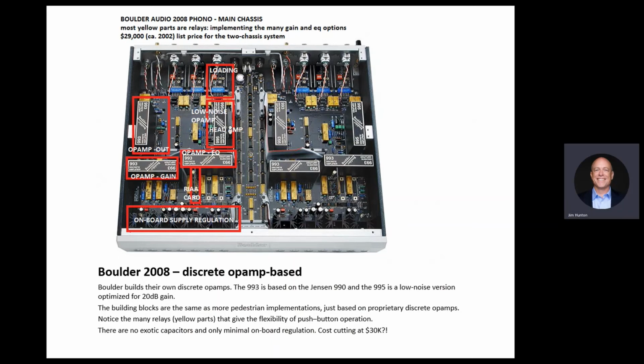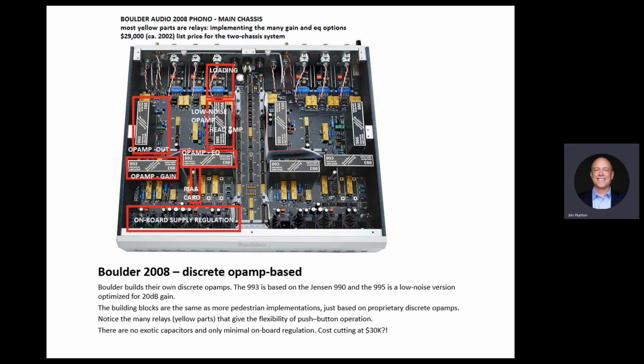And then you go into your head amp, the first stage. And for some reason, they have 3 stages following that. I believe the last stage is just the balance to invert phase. And I think we'll show another one that does that. But all these yellow things are relays that control the characteristics of the particular circuit.